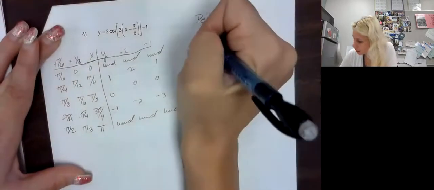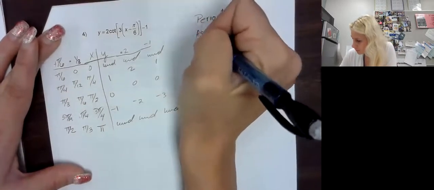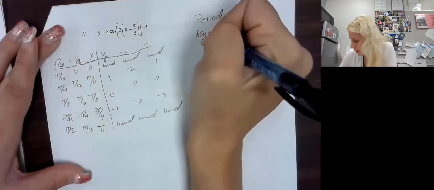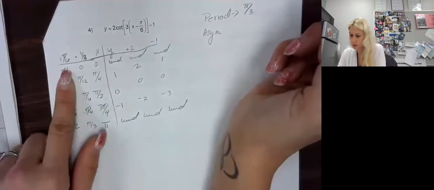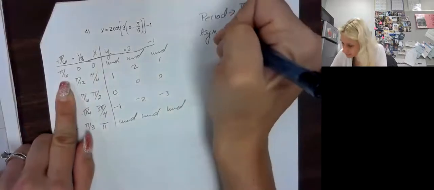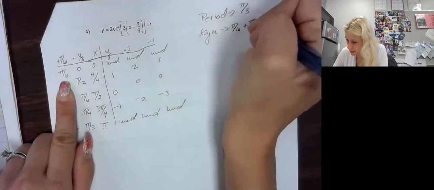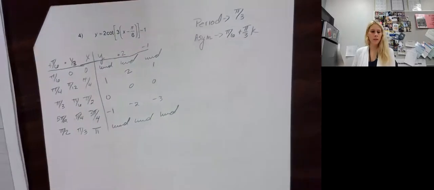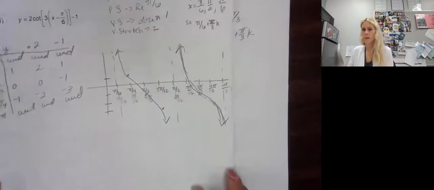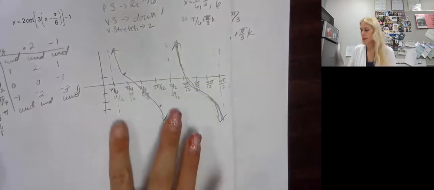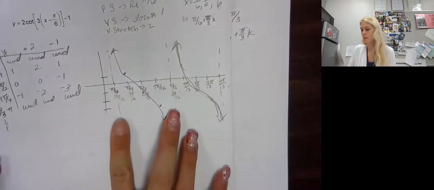Okay, let's check our asymptote. Start at your positive asymptote, which we can start at pi over 6. We're going to add our period. And let's see what our graph looks like now. Here's our first period from pi over 6 to pi over 12.